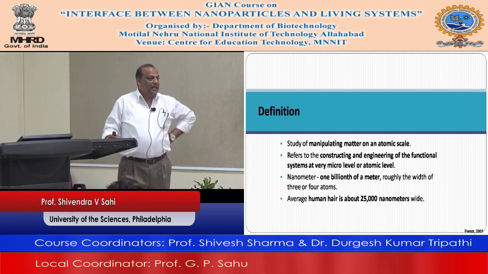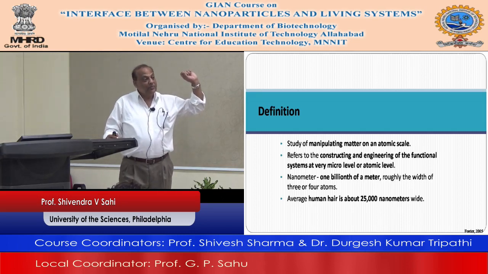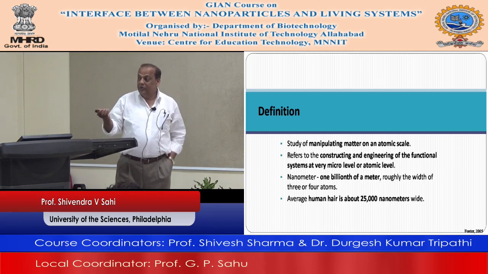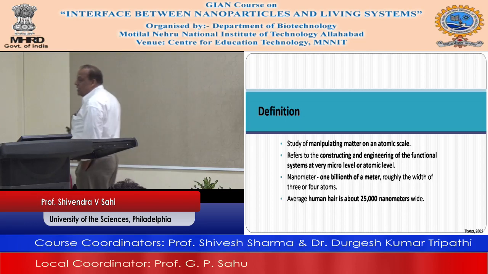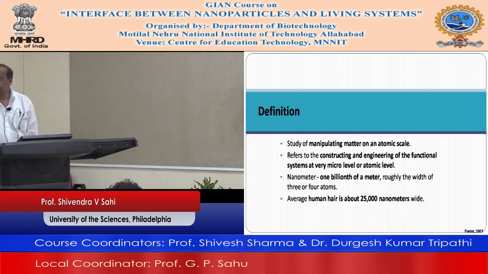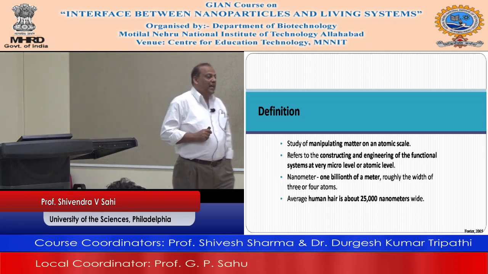A meter is 100 centimeters, and 1 centimeter is made up of 10 millimeters, right? And how small is a millimeter? If you look at the human hair, it is around 25,000 nanometers in size, and this chart gives you an idea.